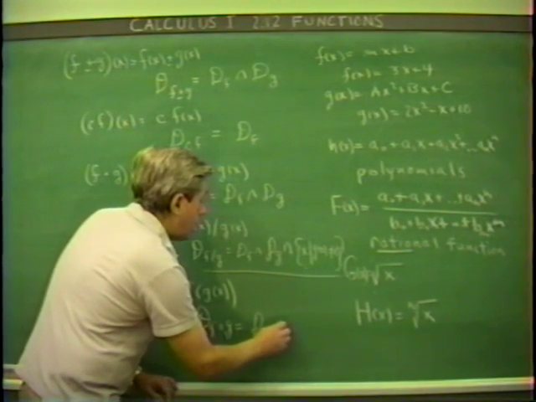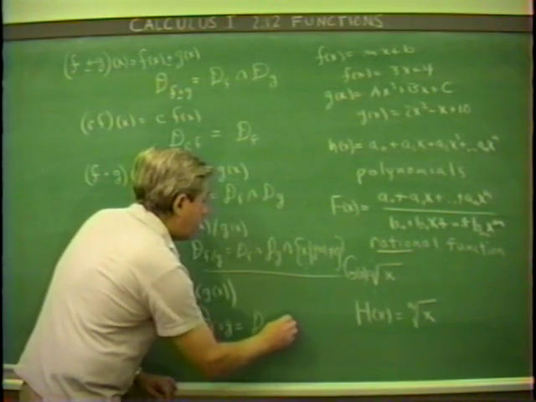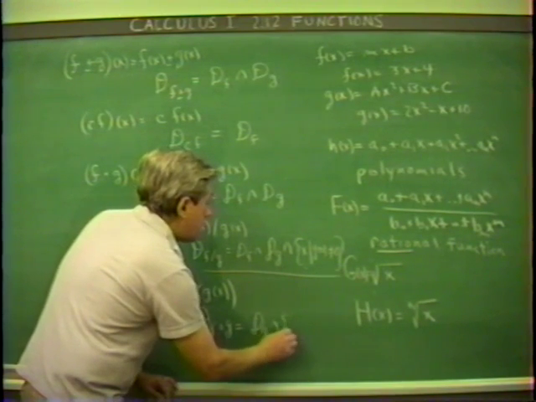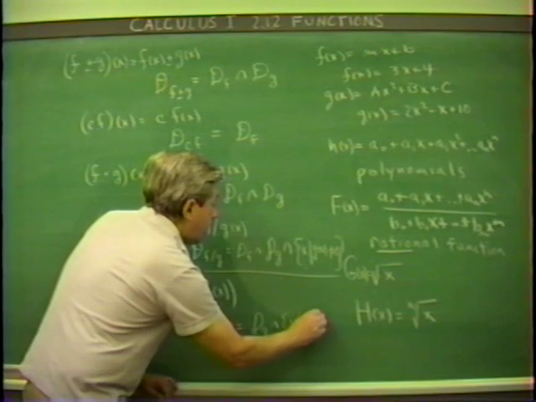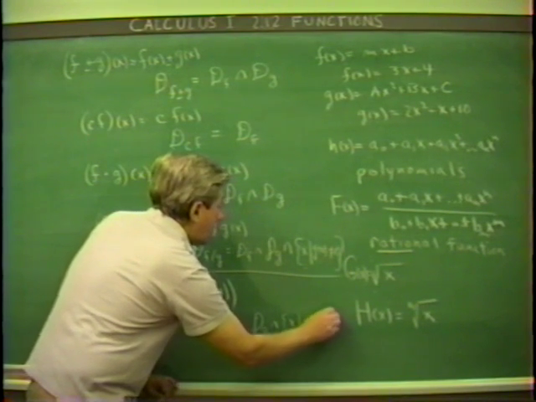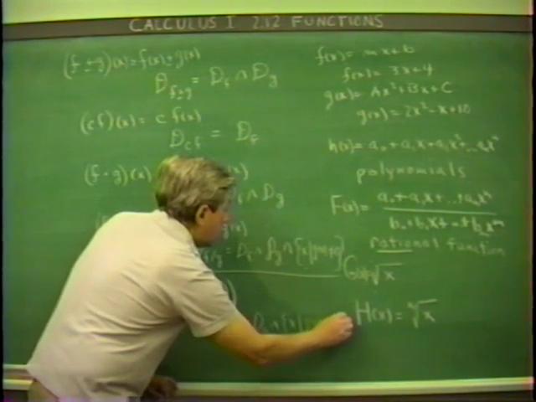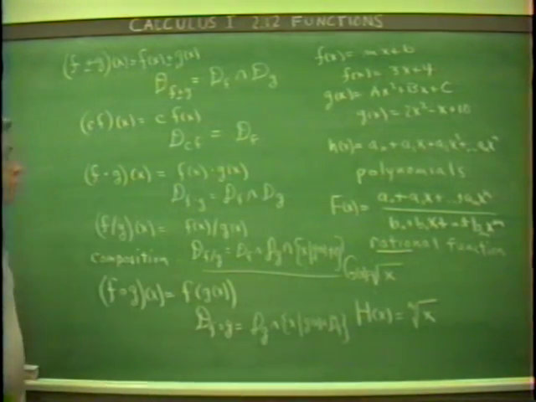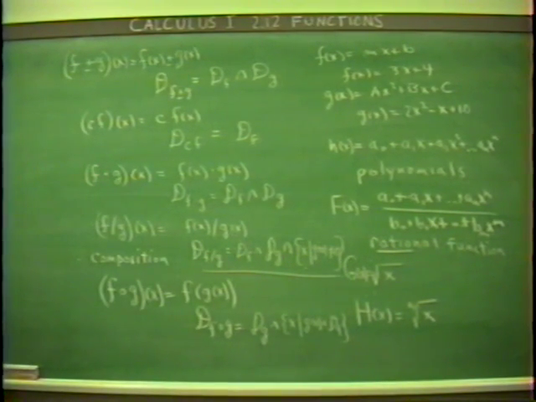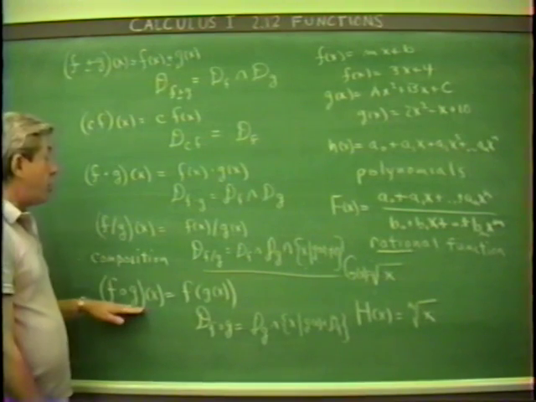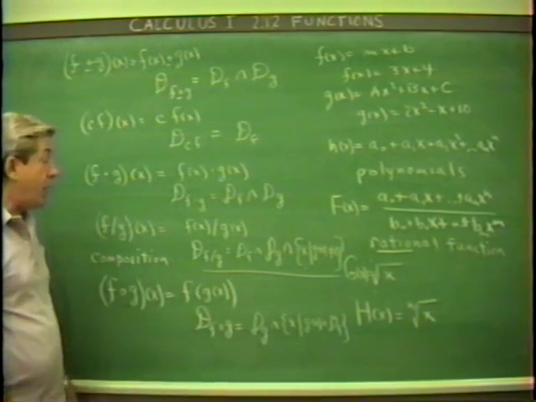So that's the set of x such that g of x is in the domain of f. Right? So that's the domain of f composed with g. These are going to occur quite frequently, and you're going to need to be able to recognize them.